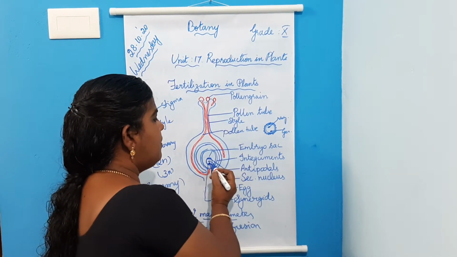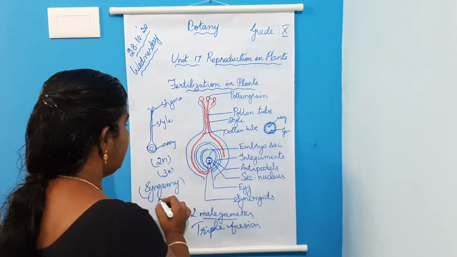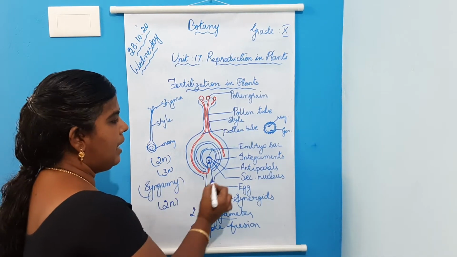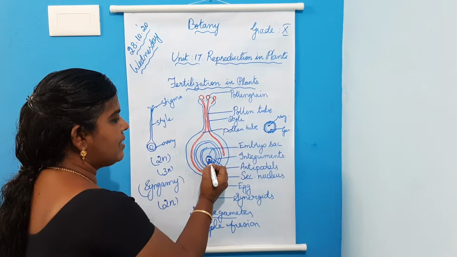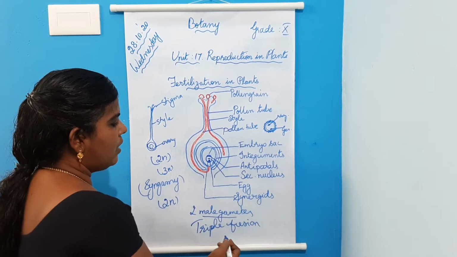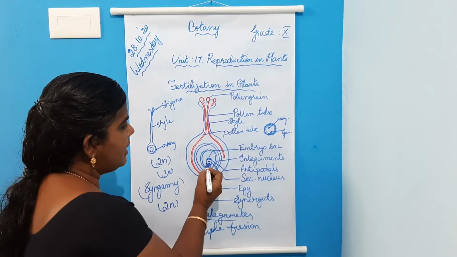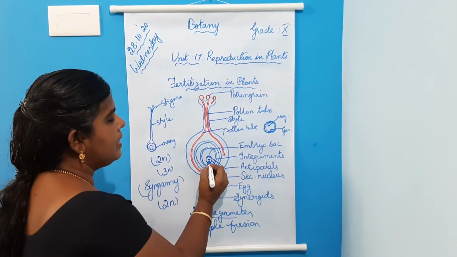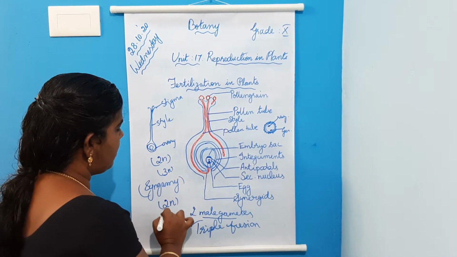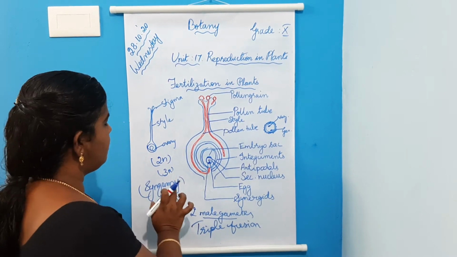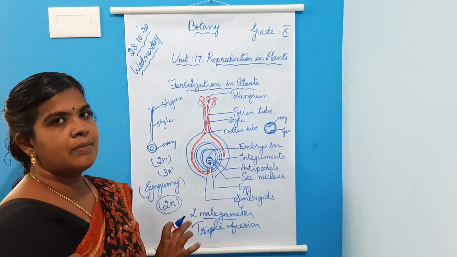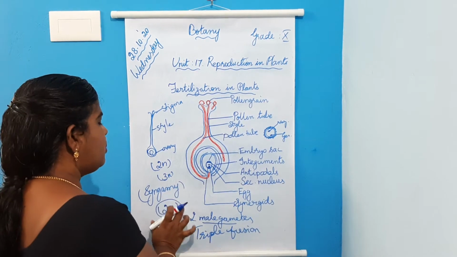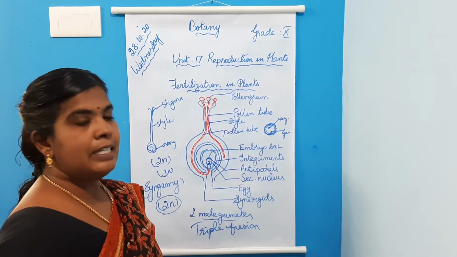One of the male gametes fuses with the egg and the process is called syngamy. The second male gamete fuses with the secondary nucleus. That is called triple fusion because the secondary nucleus is diploid. The egg is haploid, so the product of syngamy, the gametic union, is diploid.